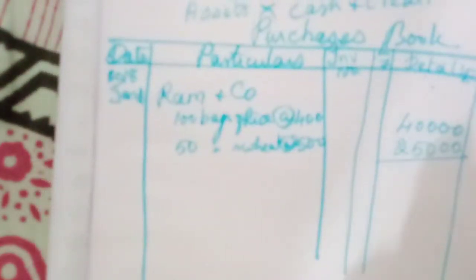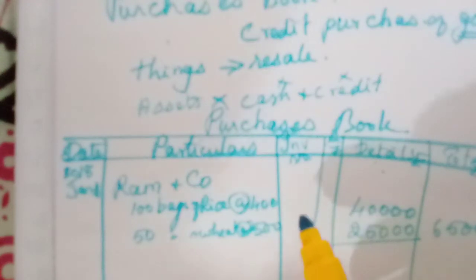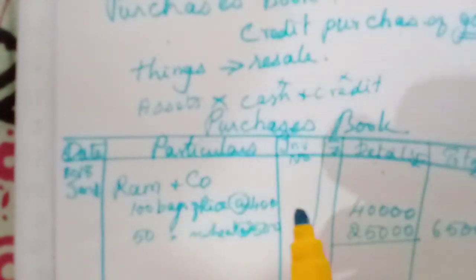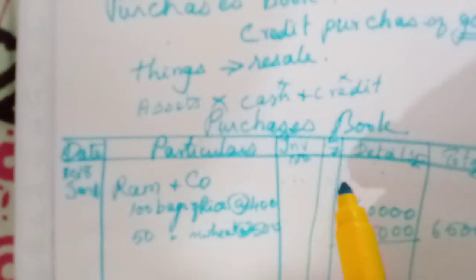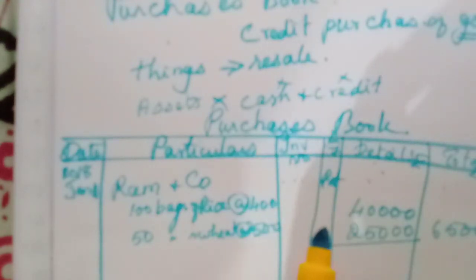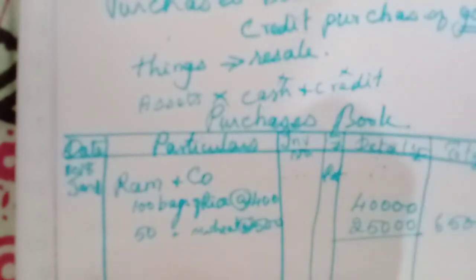Understood, students? Now, next column, invoice number. Here, for the purchase we might have one invoice number. If they give it, you can write it. Ledger folio, we will write at the time of posting, so leave it. Detail and total we have later. Then at last, many suppliers' names will be there, with different dates.